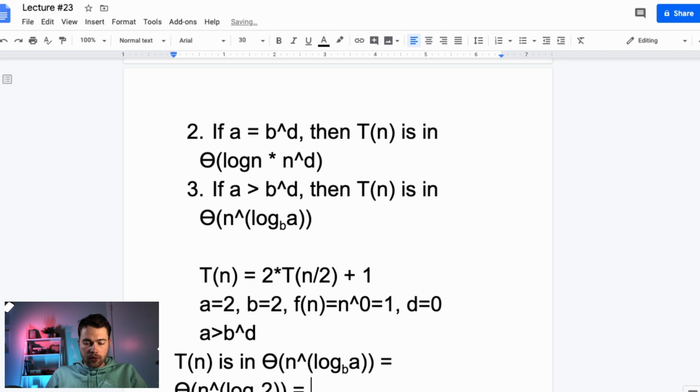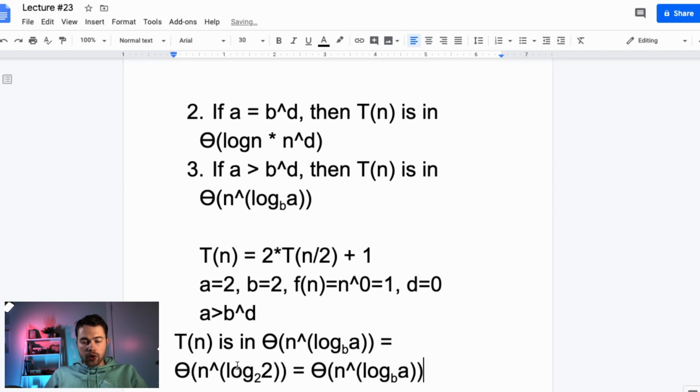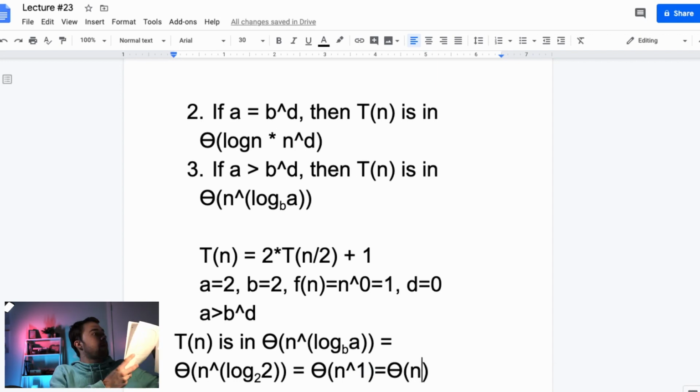Our b is 2. So what's log 2 base 2? What power do you need to raise 2 to get 2? That's 1. So n to the 1st power, which brings us to big theta of n. And that's the solution, you found it. Hope it makes sense.